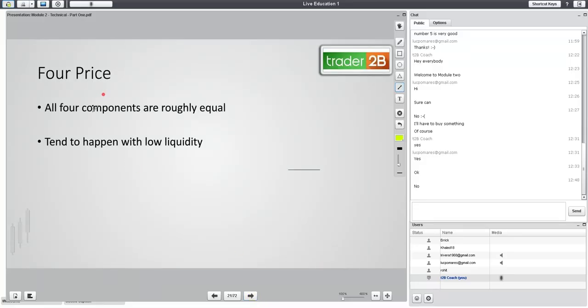Okay, and the four price, so all four price components are roughly equal. This tends to happen in low liquidity, so this is very rare to see, especially in all the blue chip stocks that we trade.